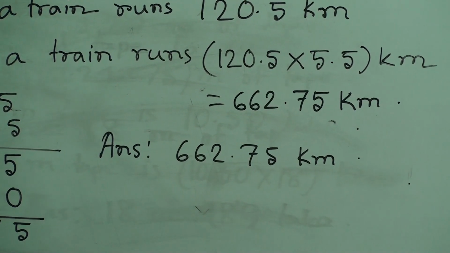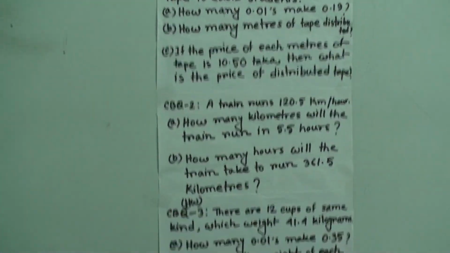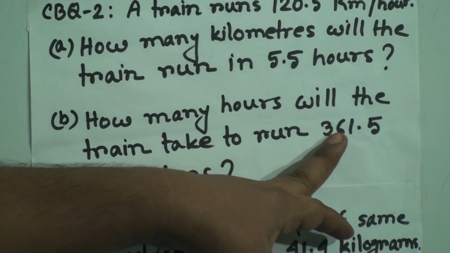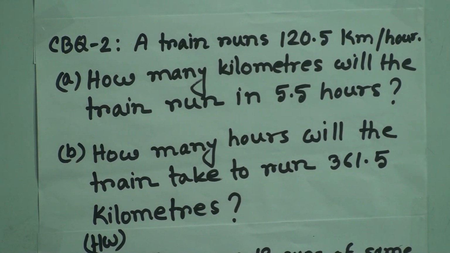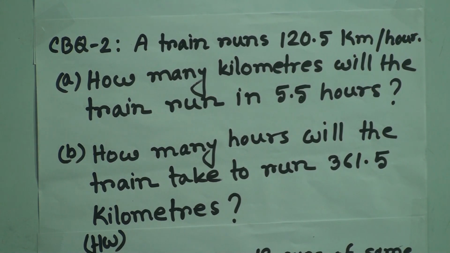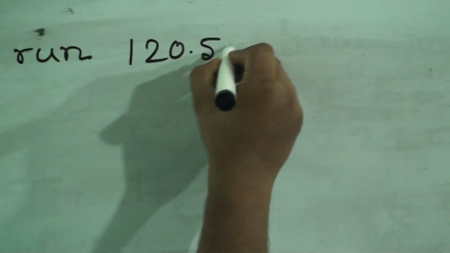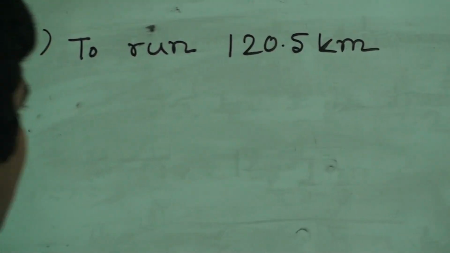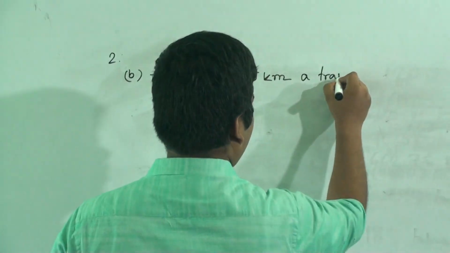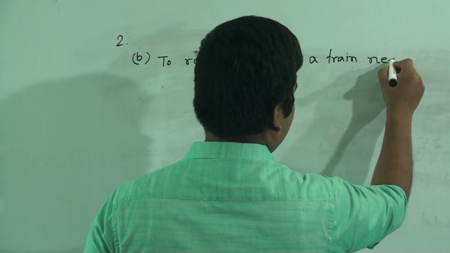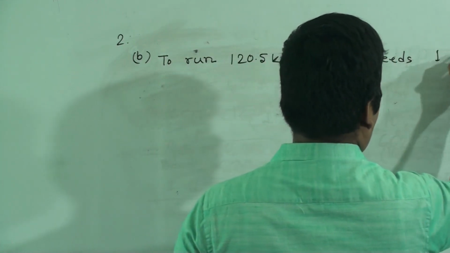Next we shall solve question number B. How many hours will the train take to run 361.5 kilometers? It's so easy math. So we shall solve this. B number: to run 120.5 kilometers, a train needs 1 hour.